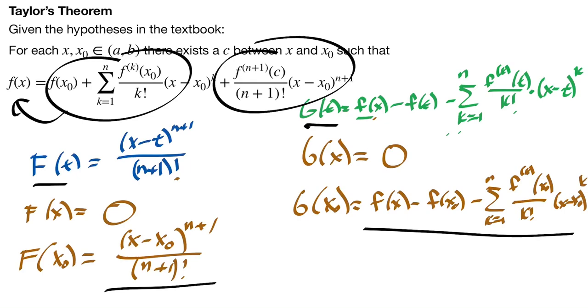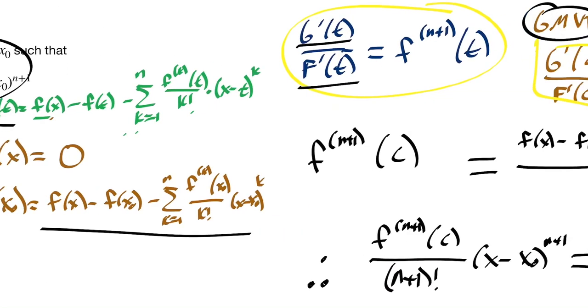But that being said, you should be at the point where you look at this theorem and you see this, there exists a c part, and you go, oh, I need to be using some sort of mean value theorem. And if that was your reaction, then you're on the right track, because once you know you need to be using a mean value theorem, then you can start hunting for the functions and hunting for how to make that mean value theorem work correctly.